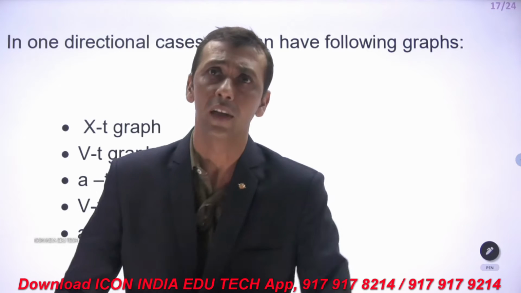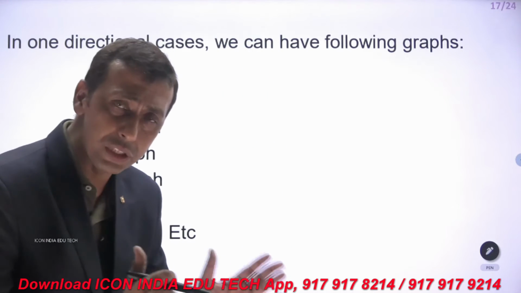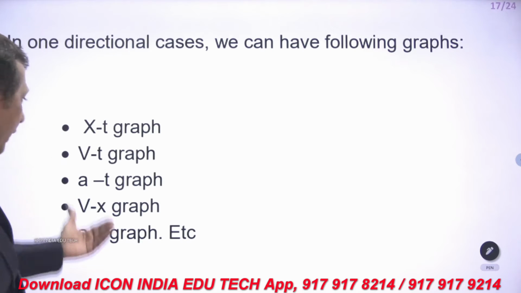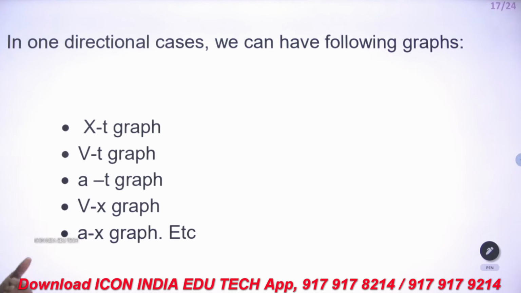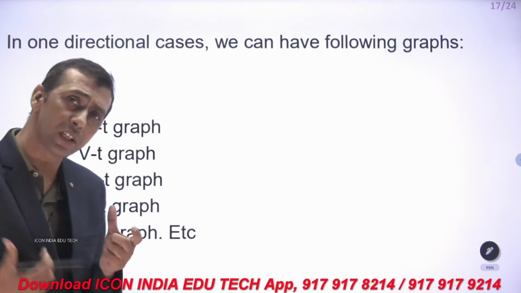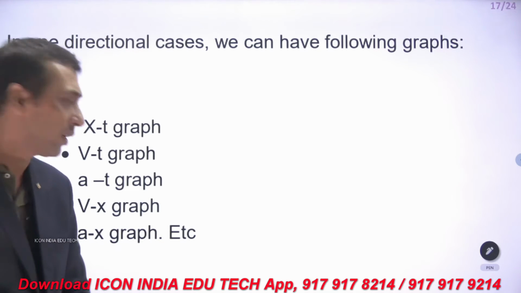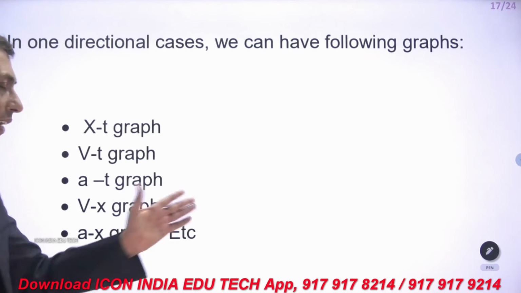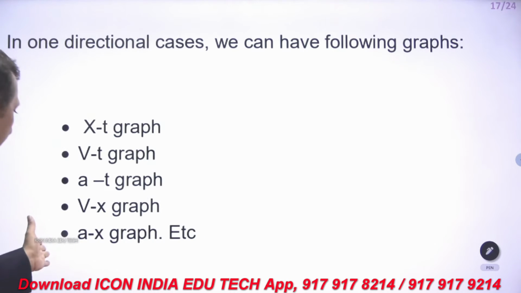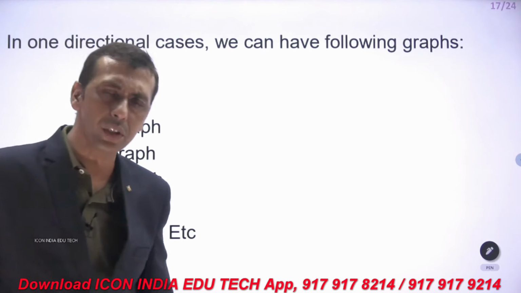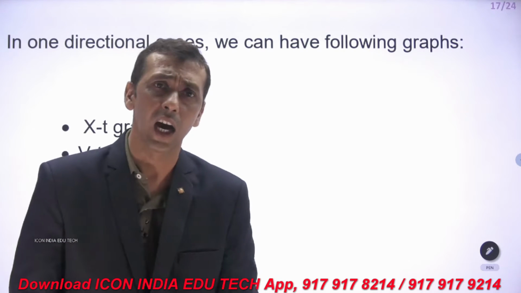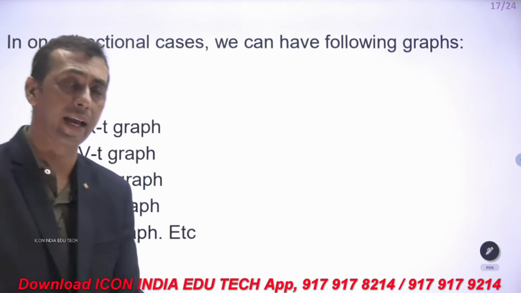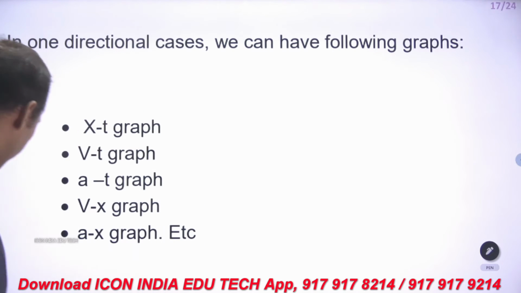In one directional motion, kinematical quantities are position, displacement, velocity, acceleration, etc. In one directional case, we can have following graphs: xt graph, x versus time, position versus time, how position varies with time; or vt graph, how velocity varies with time; or vx graph, how velocity changes with position; or ax graph, acceleration versus position graph. Lot of more scopes are possible, but prominently these are the graphs which could be drawn so far as one directional motion is concerned.